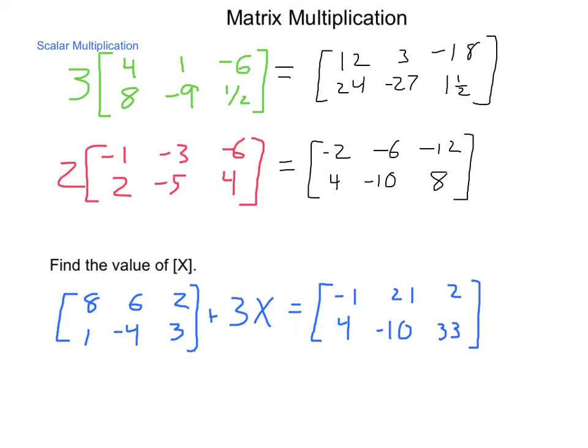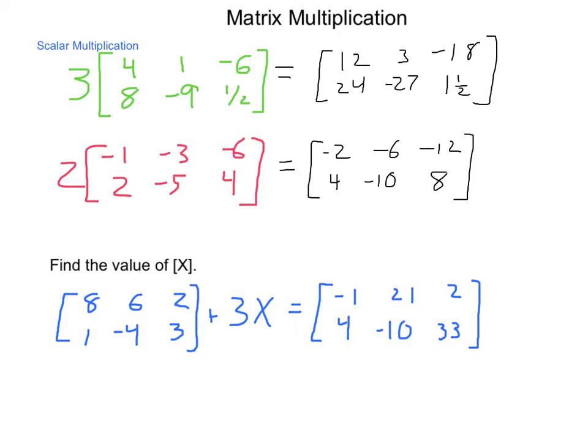Now we can use scalar multiplication in solving equations. So find the value of the matrix X. What we're going to do is each equation, and I'll write out the first one, will have a multiplier in there.